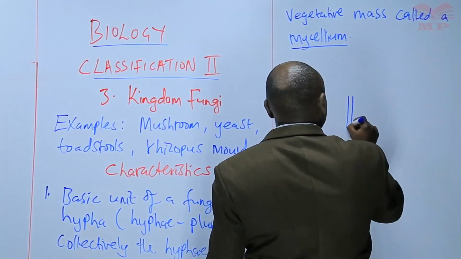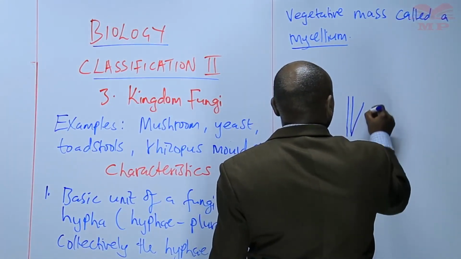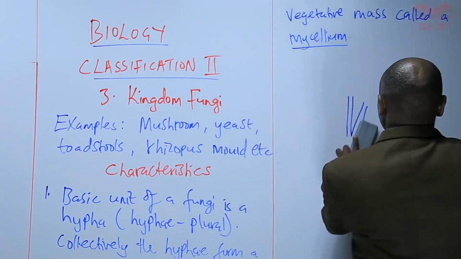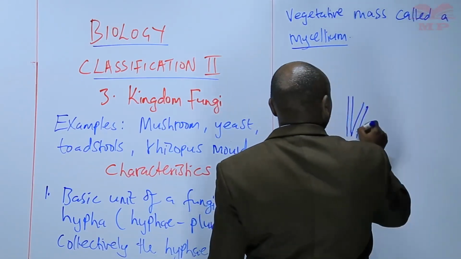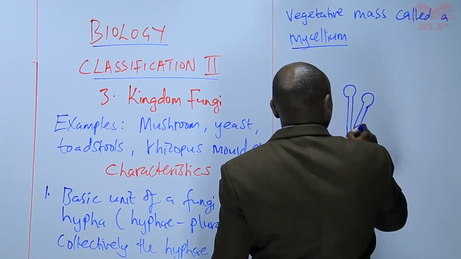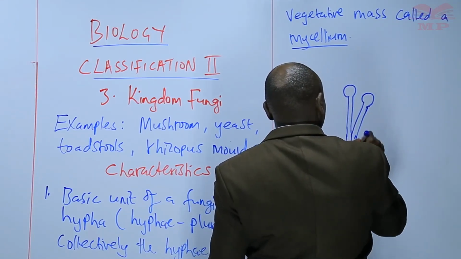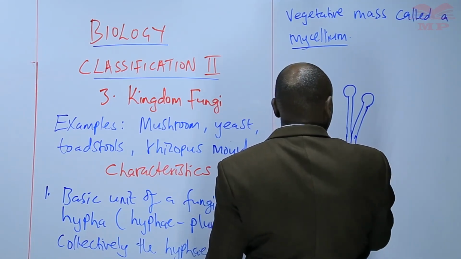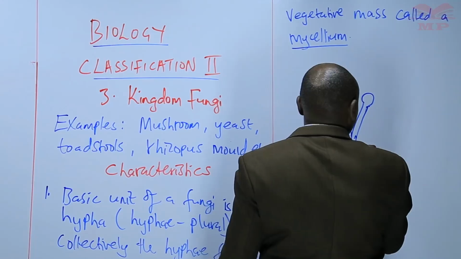So we'll have a diagram here. We have those fungi that grow vertically, and then at the tip, they are swollen. We have the part that grows deeply onto the substrate.